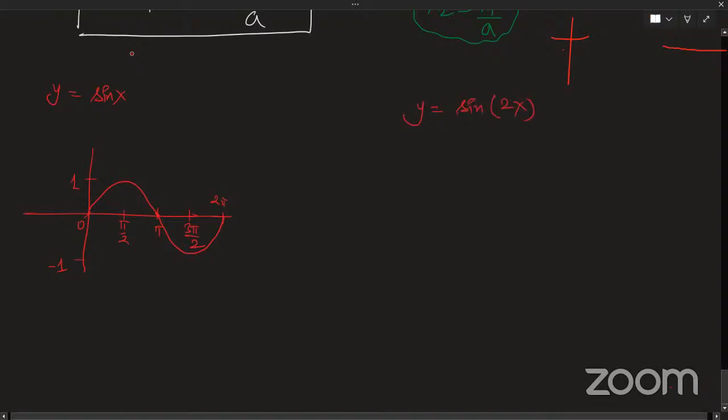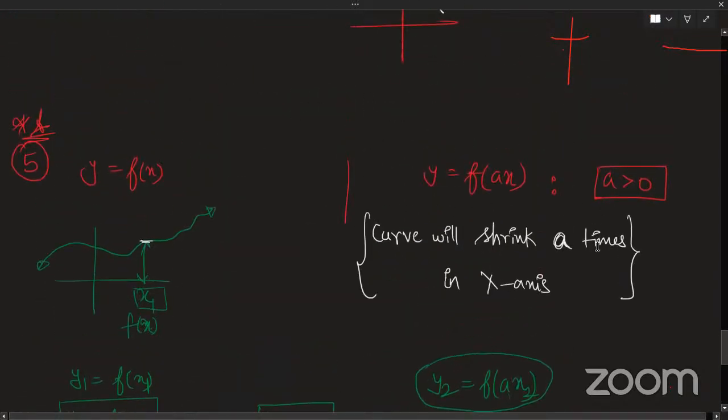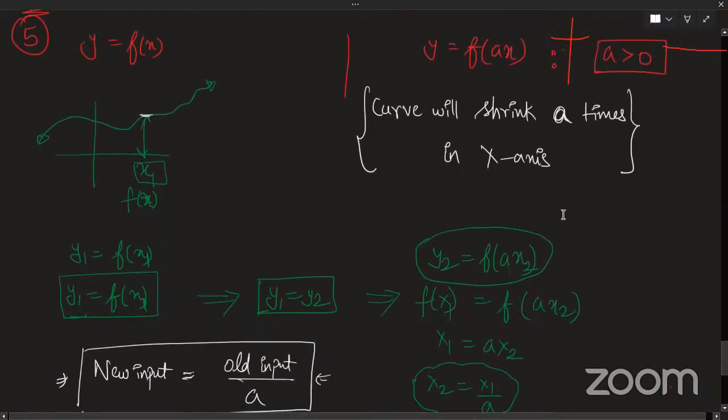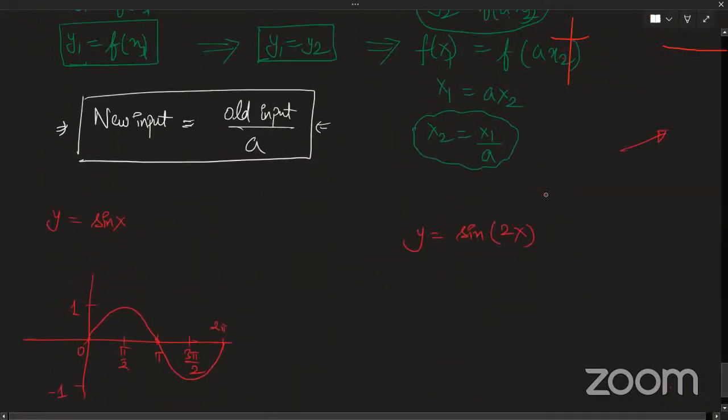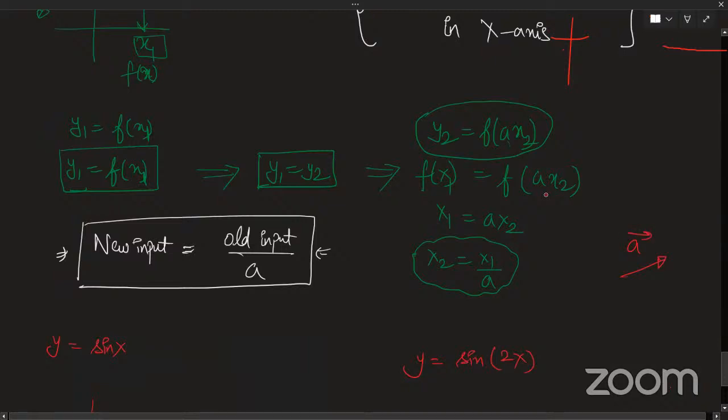of 2x. Okay, it's the same thing as ax. So my curve should shrink a times. Like you used to do it on vectors, right? If I have a vector and I multiply it by a constant k, what happens is its length grows by k times, right?